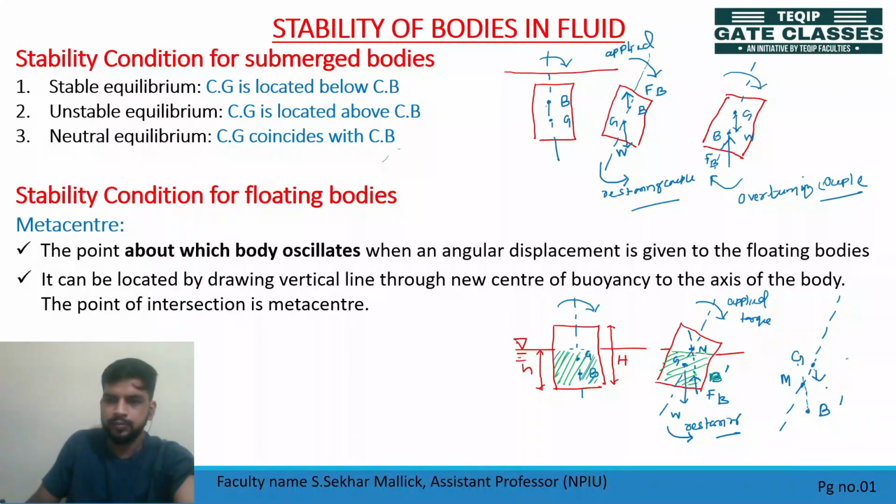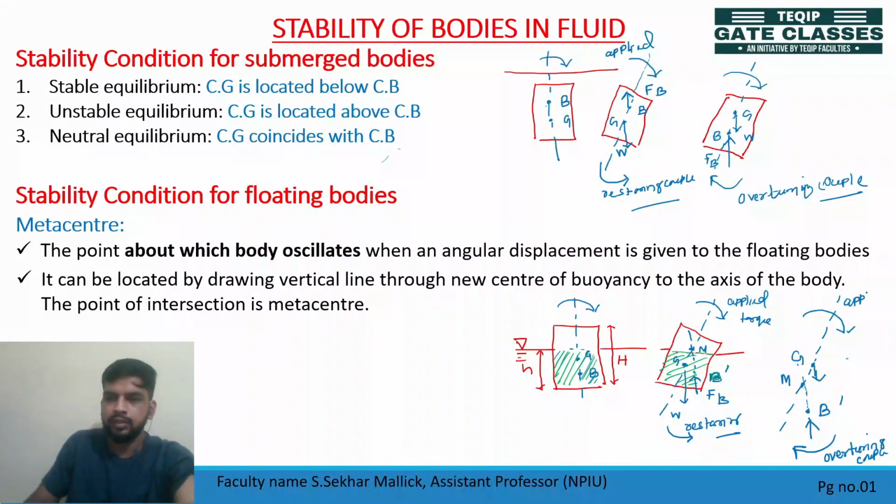Then check the direction of this couple. We are giving applied torque in this direction, and this couple also will be in the same direction, isn't it? If the metacenter lies below the center of gravity, this couple will be in the same direction as the applied torque. So this will be an overturning couple.